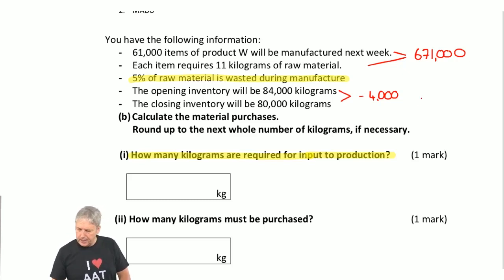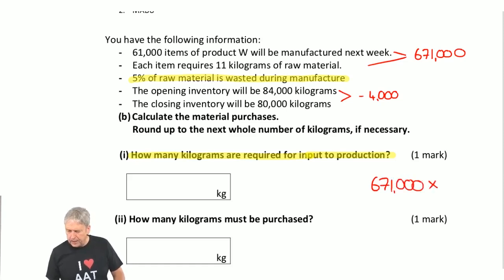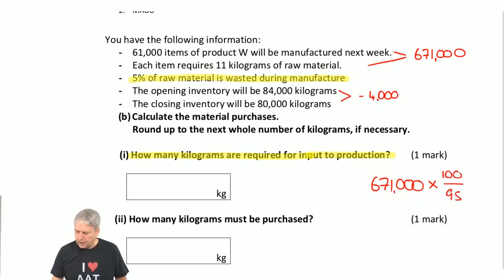We've got 671,000, what we calculated above, and we're going to have to multiply by what? Well, we know that the loss is 5%. That means that the good output is 95%. So we want to get back to the original 100%, the loss we had before.